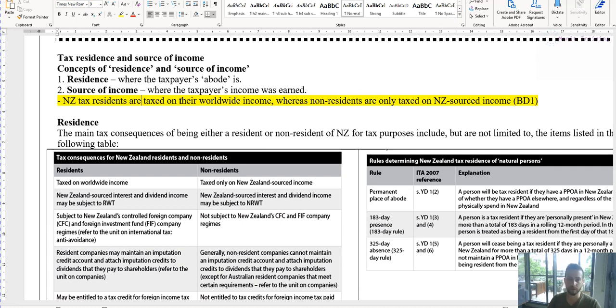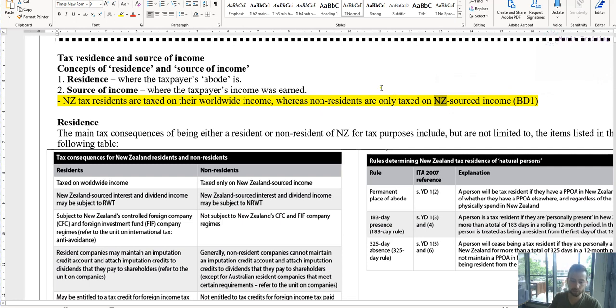So in order to understand that, we need to know the two key concepts. The key concept was residency, right? Because that's going to determine whether you're paying tax in New Zealand or not, depending on where that income is located. But the other aspect is knowing where the income is located, because, especially for non-residents, the distinction of what constitutes whether it's been earned in New Zealand or overseas is very important.